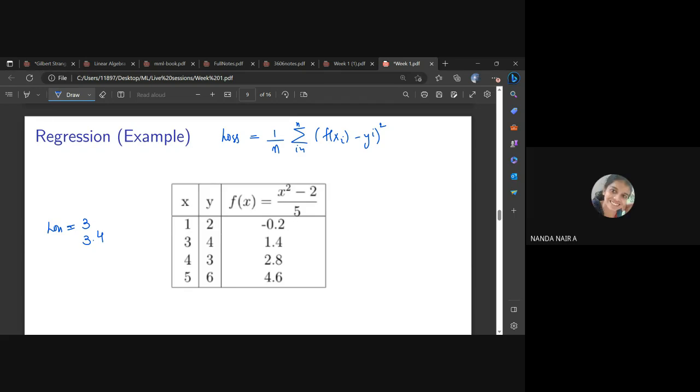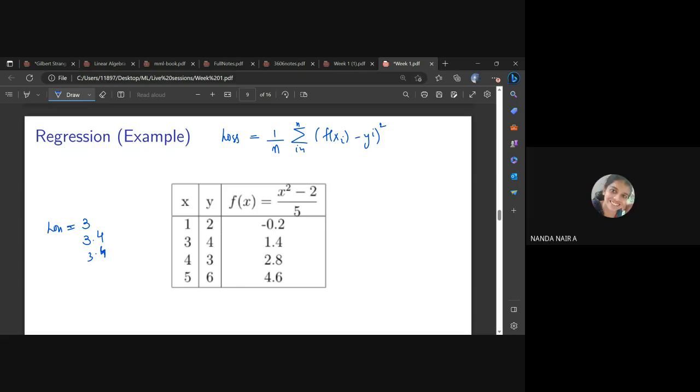And this 3 or 3.4, does it mean a percentage or something? Because we are not multiplying by 100, so it shouldn't be that. Loss in the sense, let's take one value of y, 2, and using that model, if you're getting the answer as 3, you can say you have a loss of 1, right?